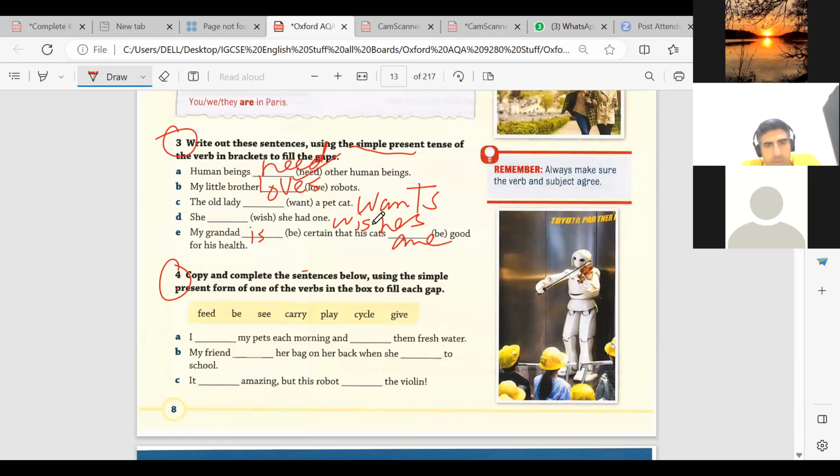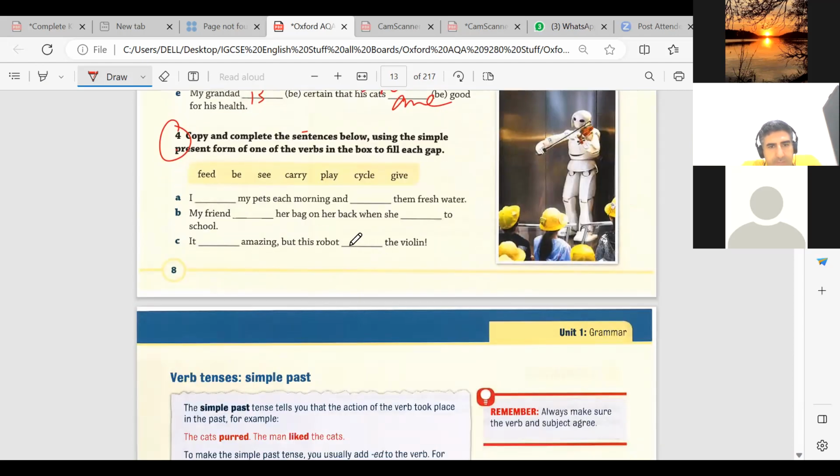Yes. Can you complete 4, please? Okay, I feed my pets each morning and give them fresh hay. I feed, right? Yes, no change. And give. Okay. What about B? My friend carries her bag. How do I write carries?